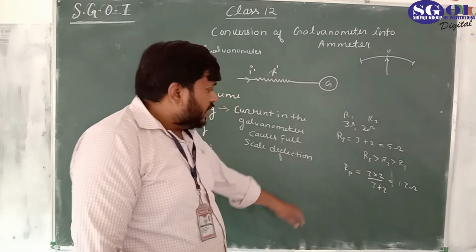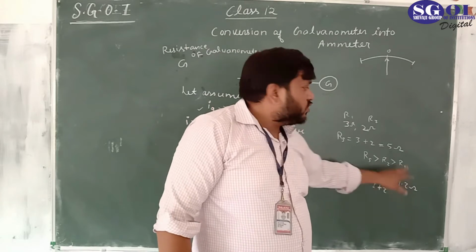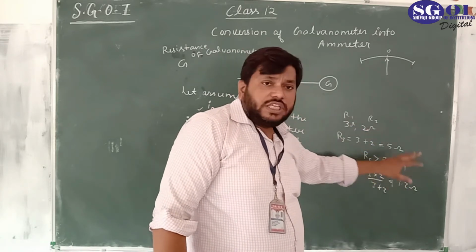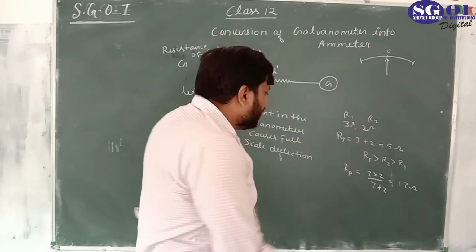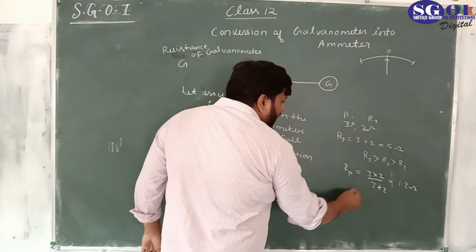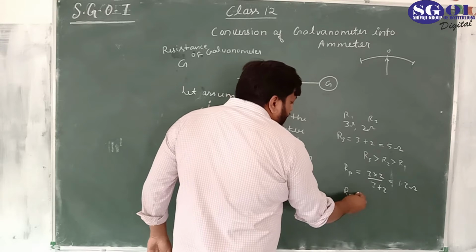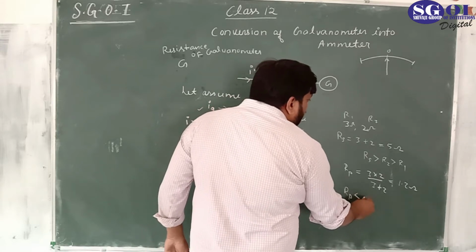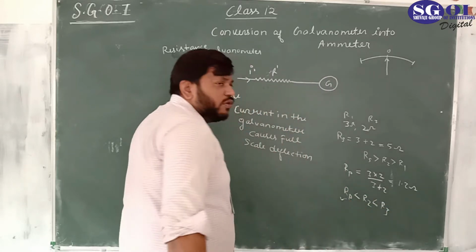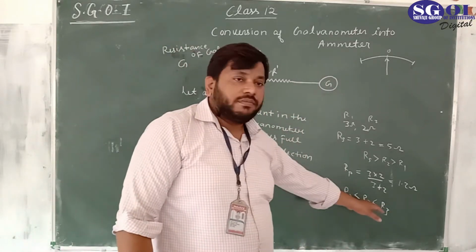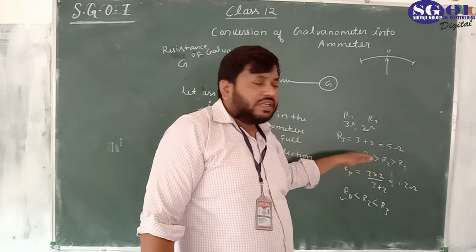The parallel resistance of these two resistances is the smallest among them. So RP is less than R2 is less than R3. It means RP is the smallest among them, and here RS is the largest.